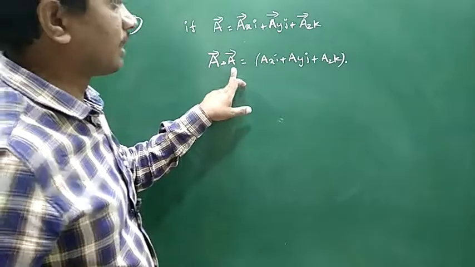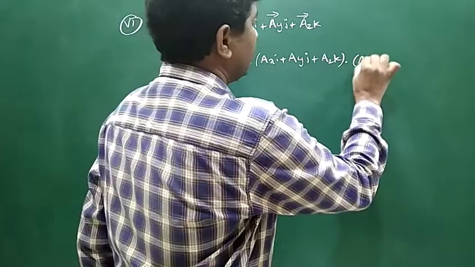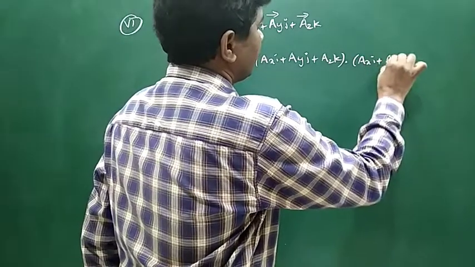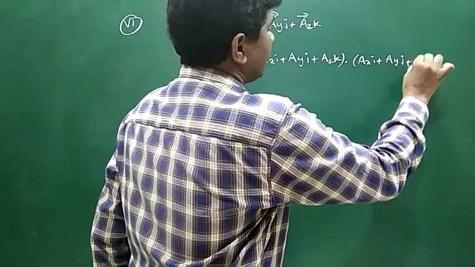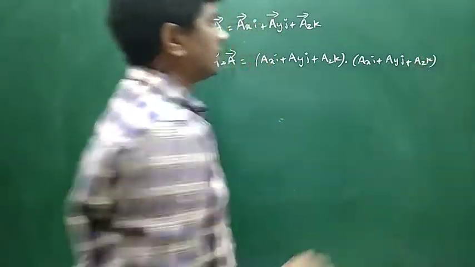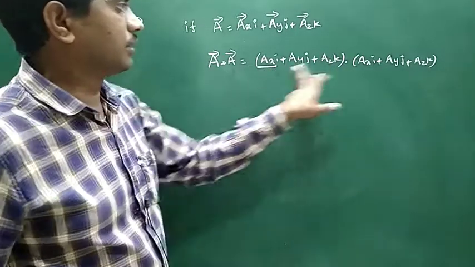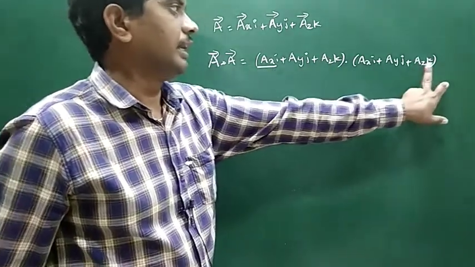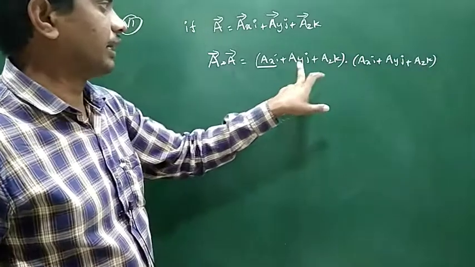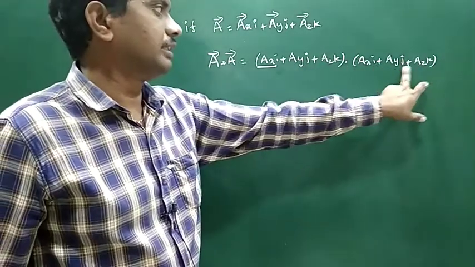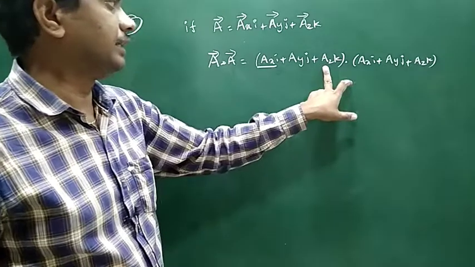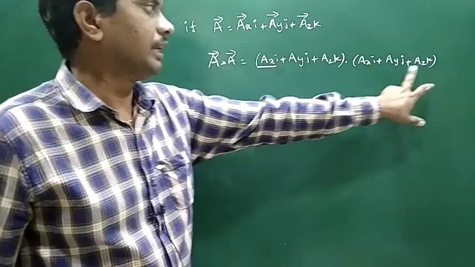The other vector is also a bar, meaning ax i, ay j, az k. The multiplication property: first ax i multiplied by ax i, ay j, az k, next plus ay j into ax i, ay j, az k, plus az k into ax i, ay j, az k.